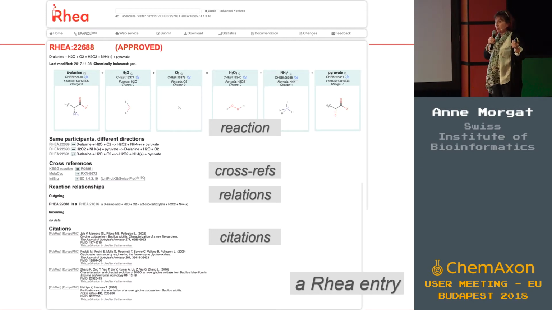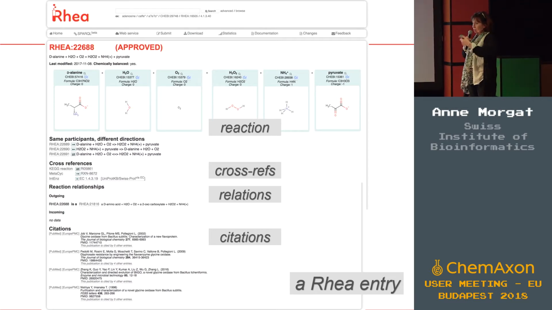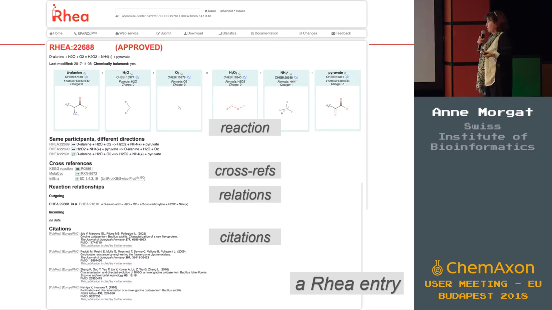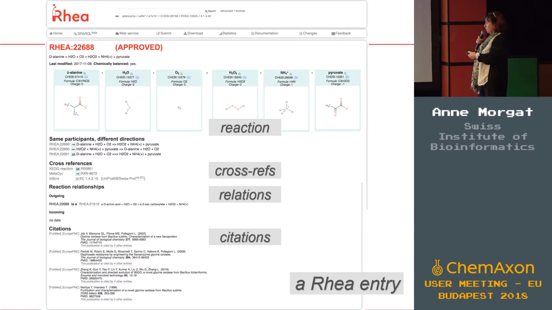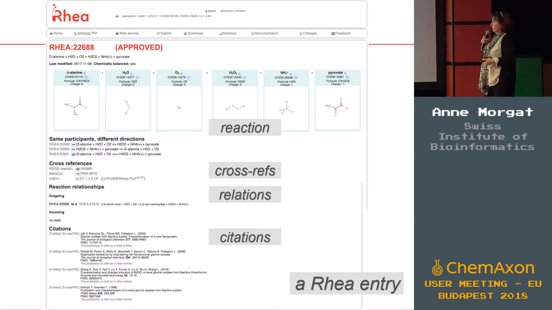So it's challenging to reconcile all this data, and in RIA, we curate the cross-references manually. We only provide relationships between reactions, and also the list of citations that evidence the reaction.